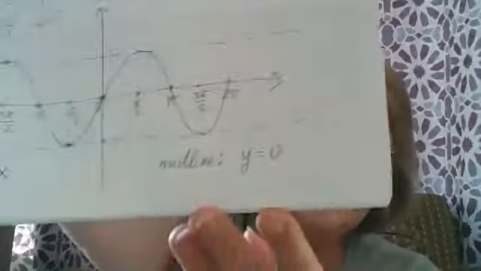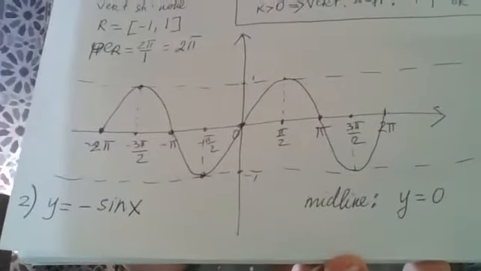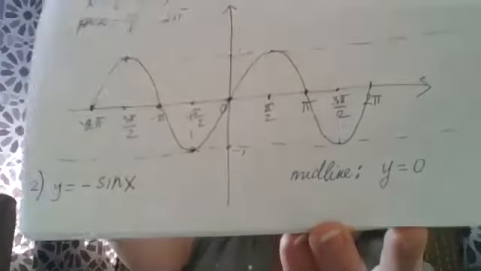I am going to show this exactly on this graph. If I have y equals minus sine x, which is another function, let's say function number 2, I wrote it right below here. Y equals minus sine of x. What kind of values do we have here?